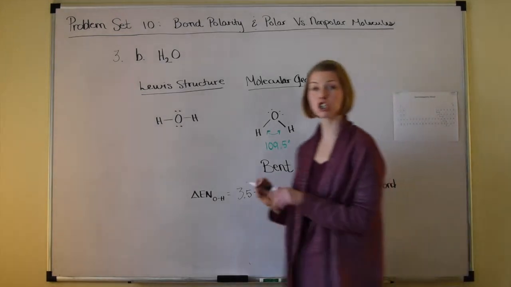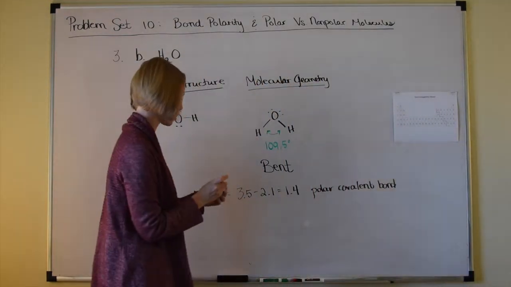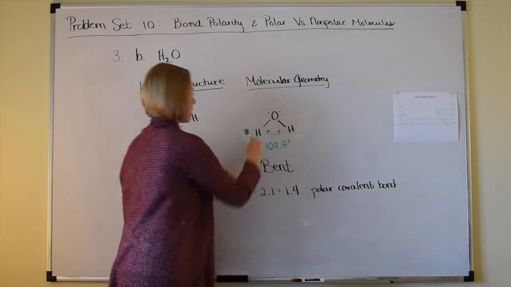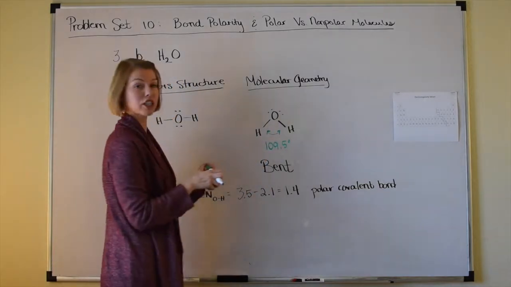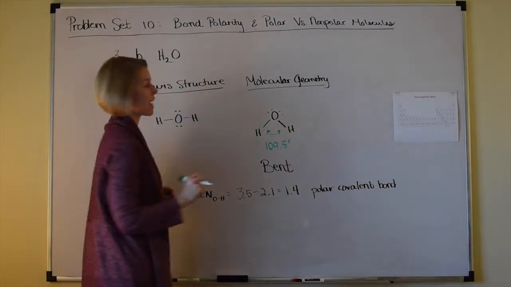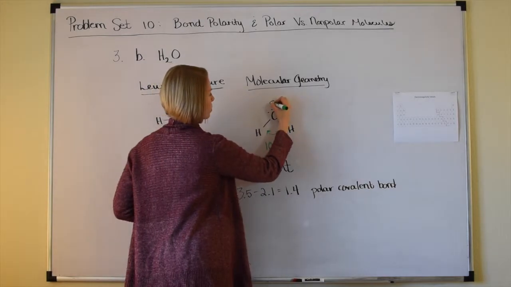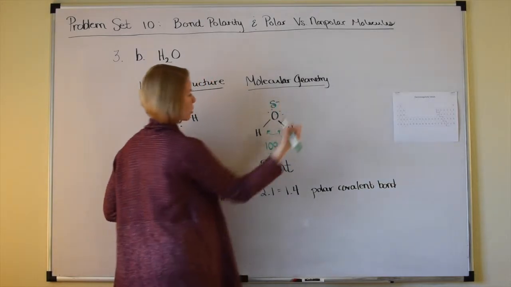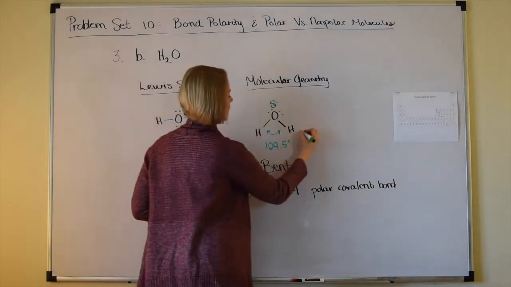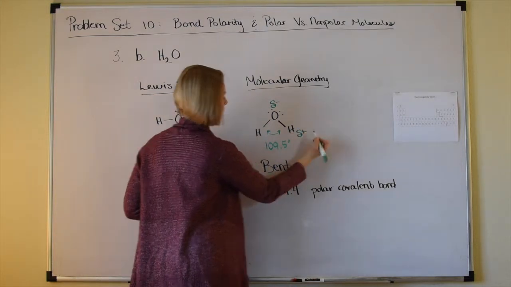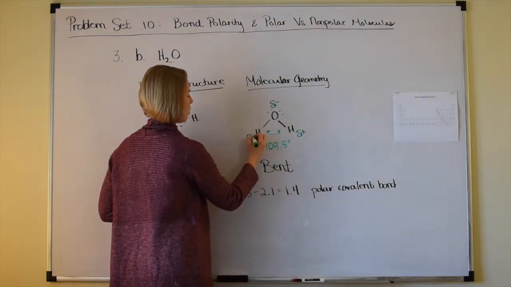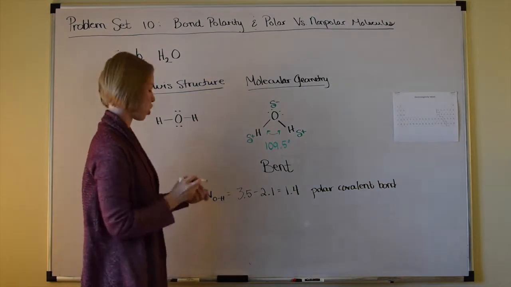We're going to have partial positive and partial negative charge buildup within this molecule. The oxygen is more electronegative, so it is going to be partial negative in charge, leaving your hydrogens with less electron density, causing them to be partial positive in charge.